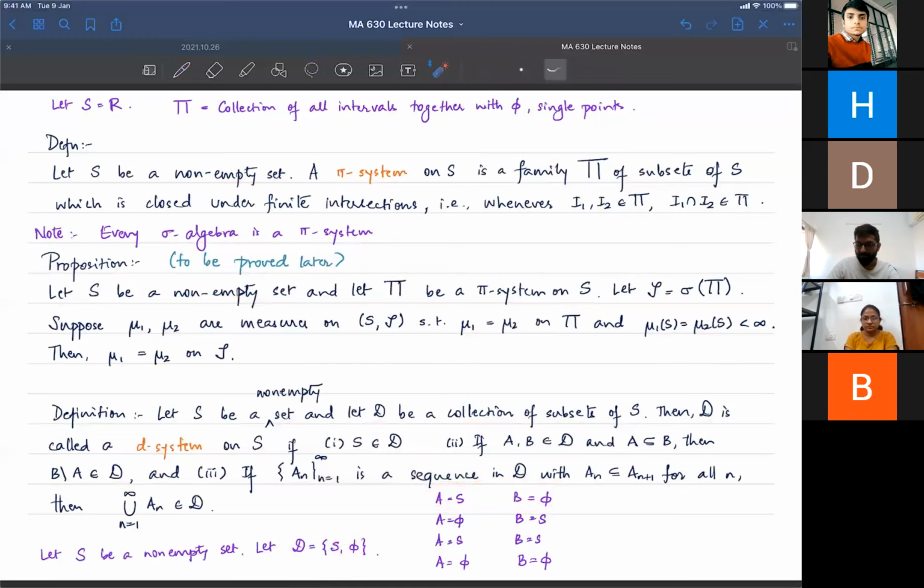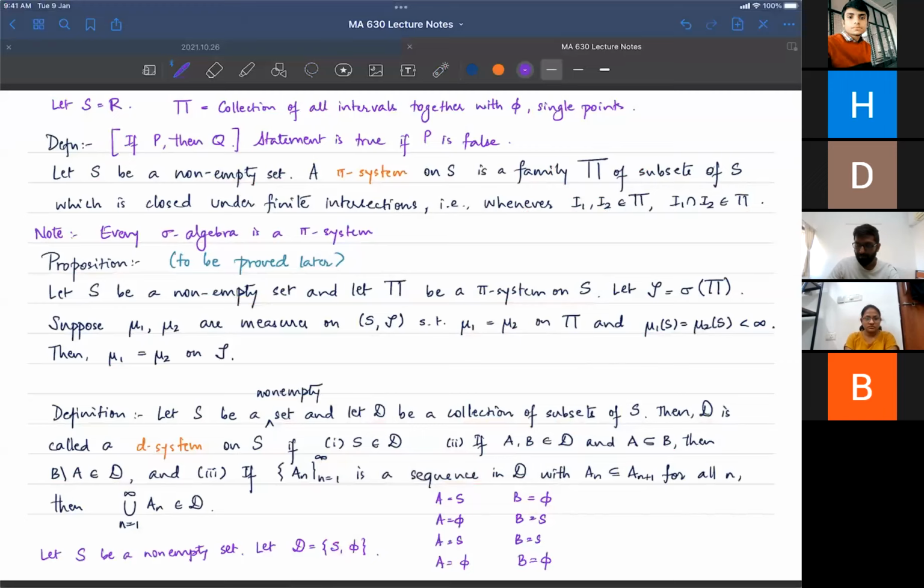This is just a reminder about basic mathematical logic, just basic reasoning about proofs.